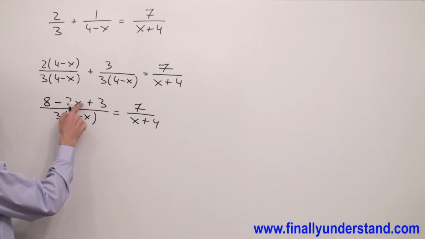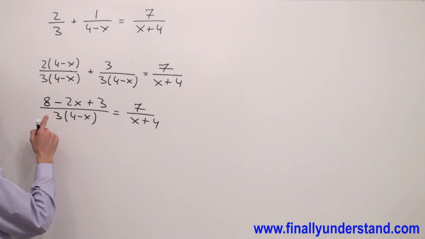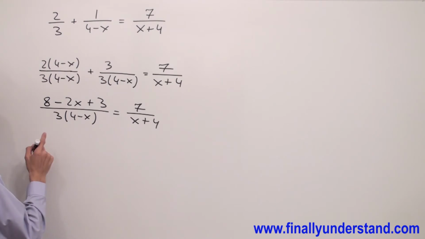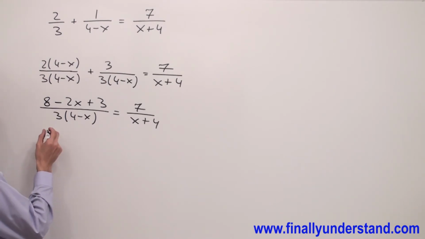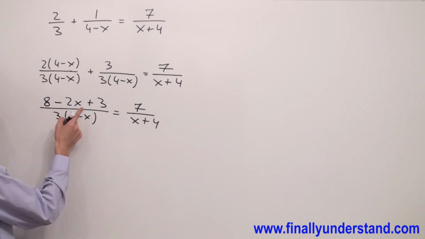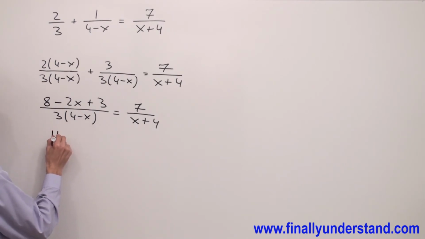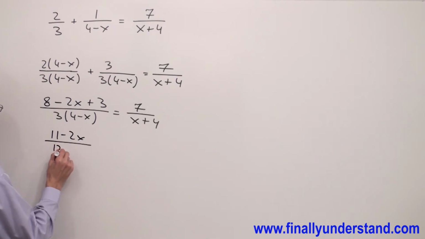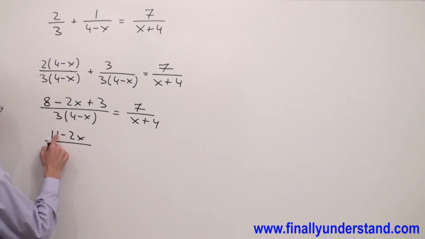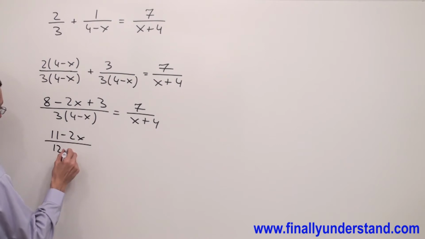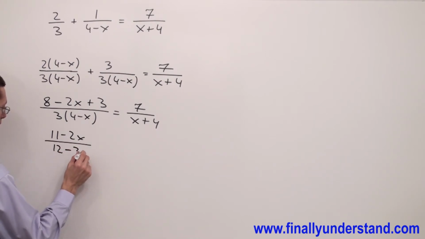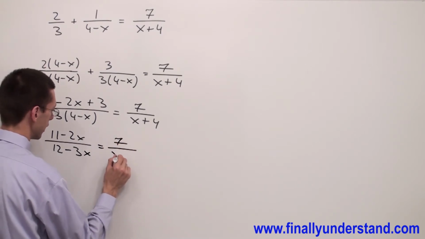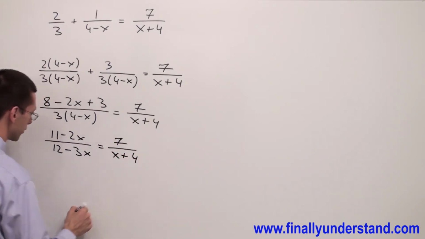Next, we're supposed to combine the like terms in the numerator of the first fraction and perform multiplication in the denominator. So we have 8 plus 3 is equal to 11, minus 2x over 12, since 3 times 4 is 12, and 3 times negative x is equal to negative 3x, equals 7 over x plus 4.